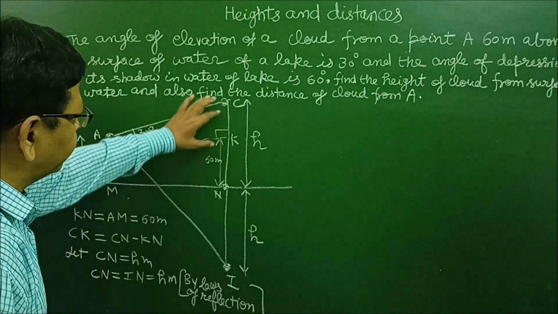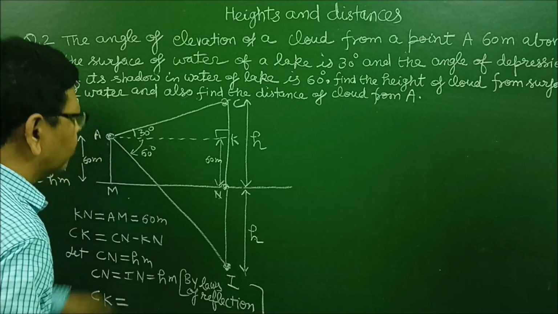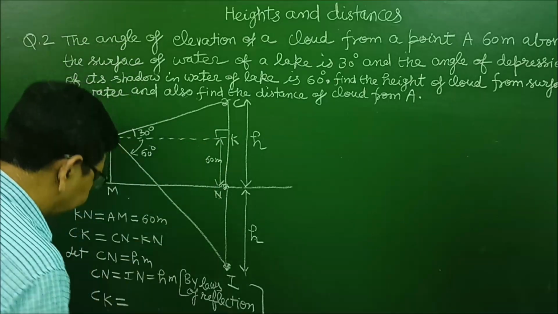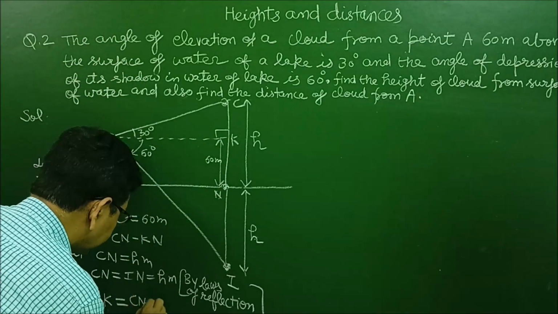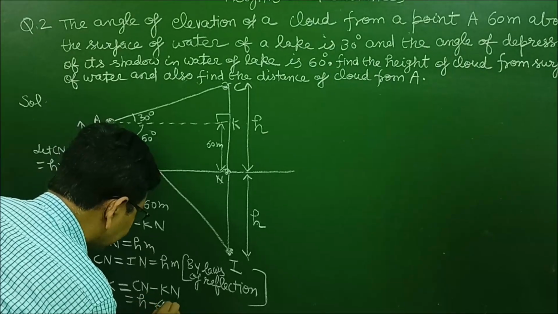Now the value of CK is equal to CN minus KN, which is equal to H minus 60.